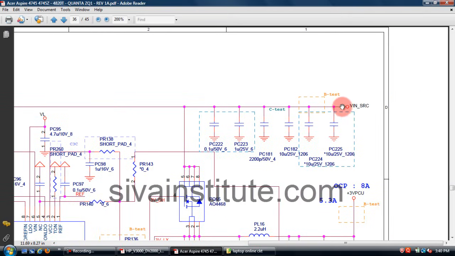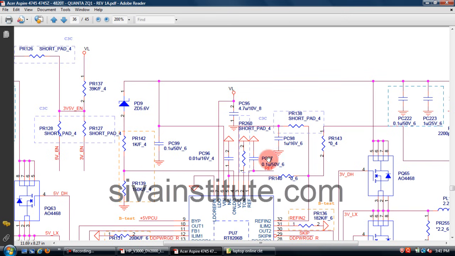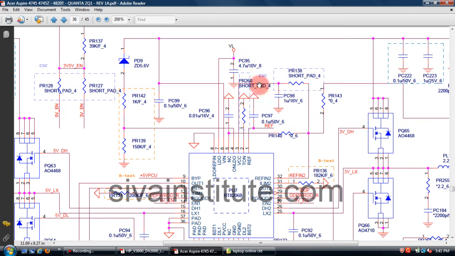See here, V in SRC, this voltage comes to V in pin number 6. But at LDO pin number 7, the 5 volts output, VL 5 volts output, will not be present when you give voltage to V in pin number 6.